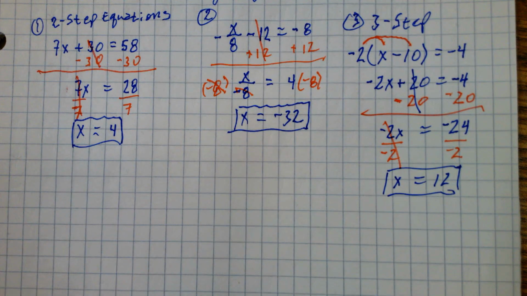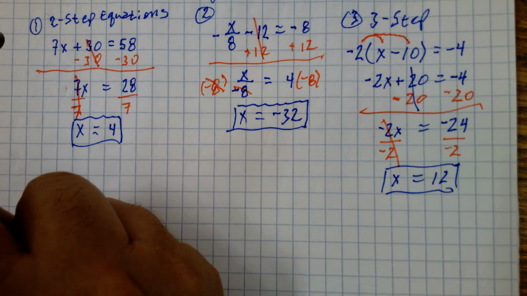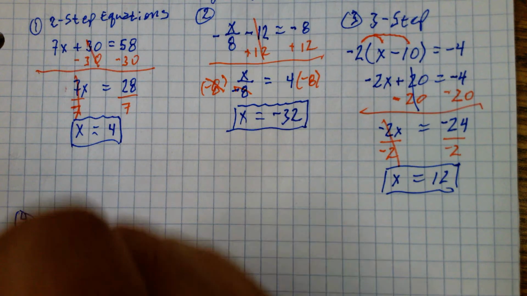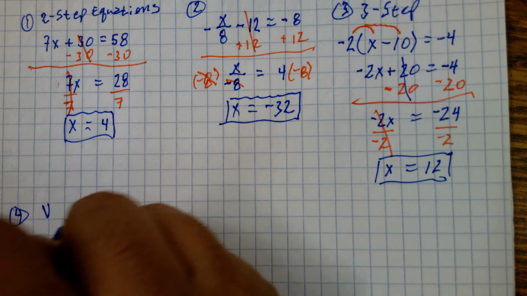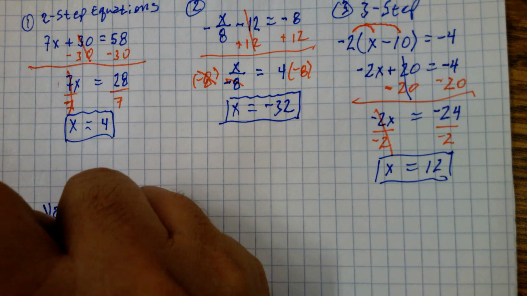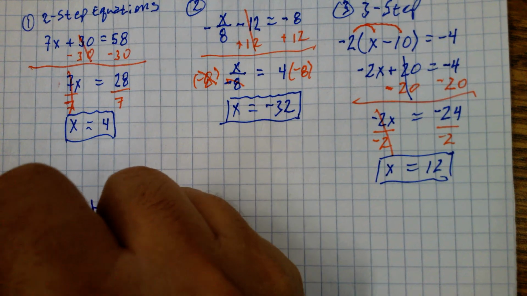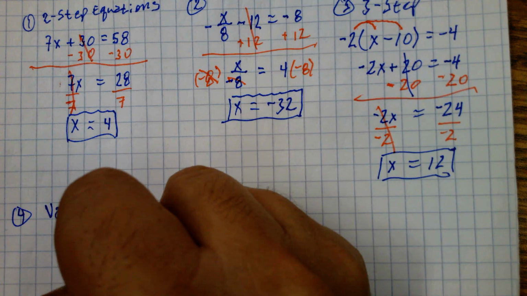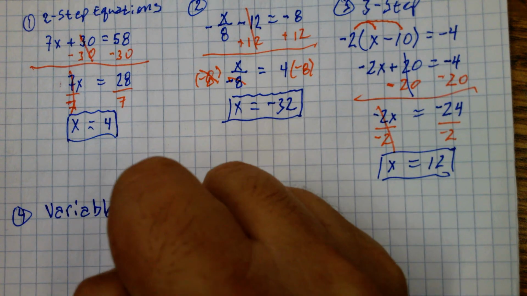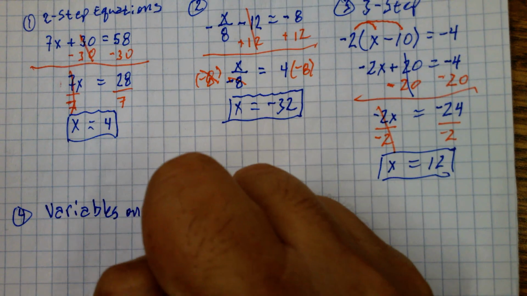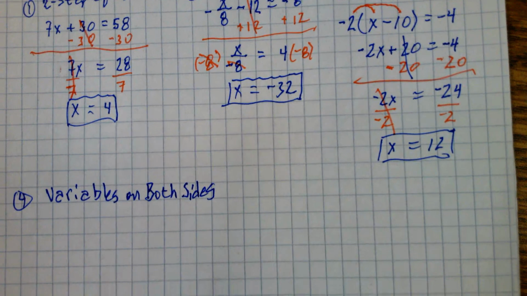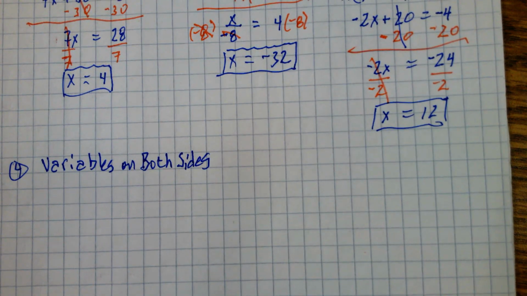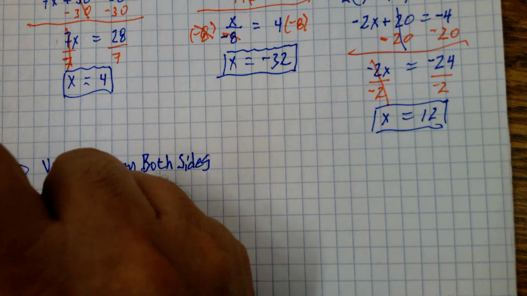Okay, number 4. Okay, so let's write down variables on both sides. Variables on both sides. So let me give you an example.